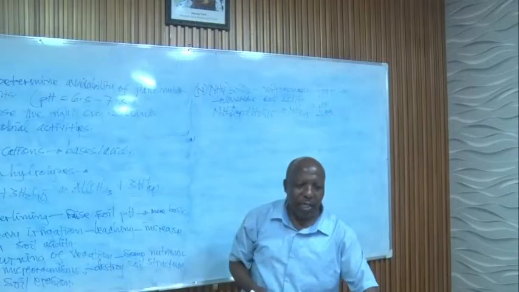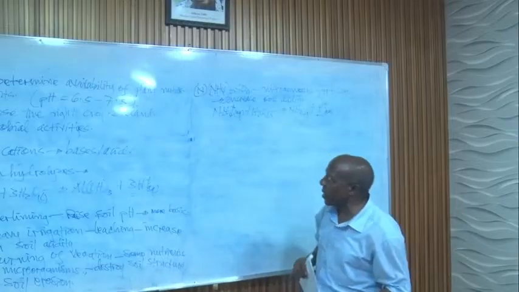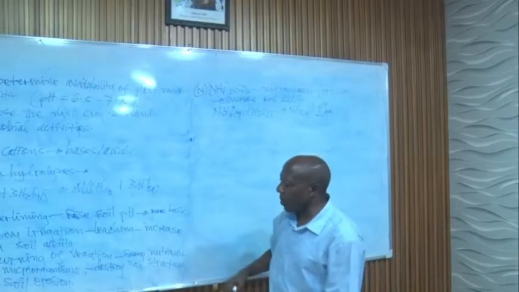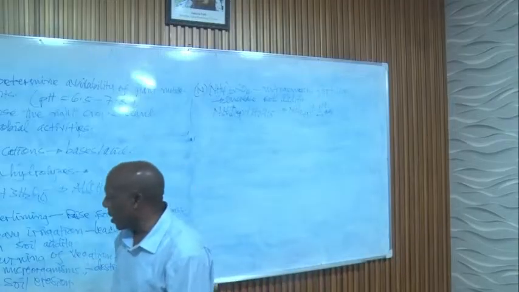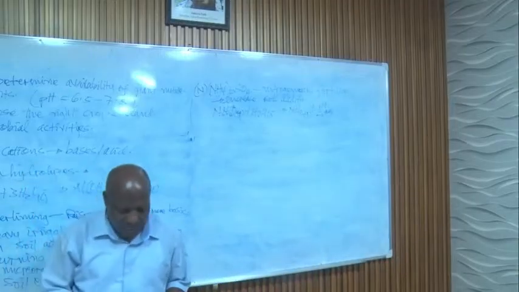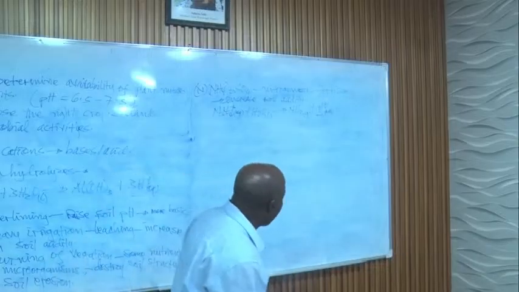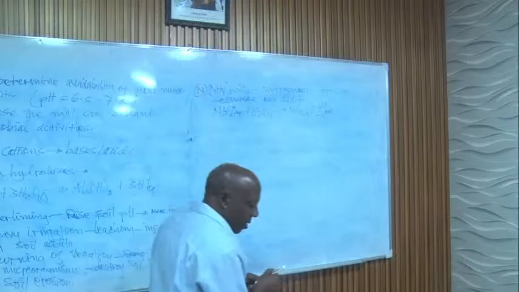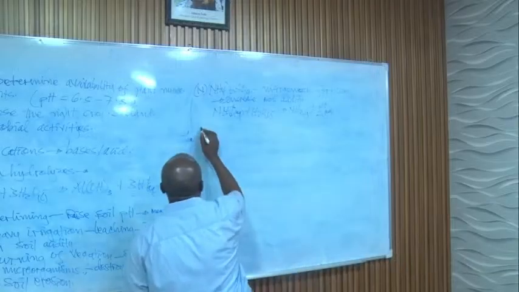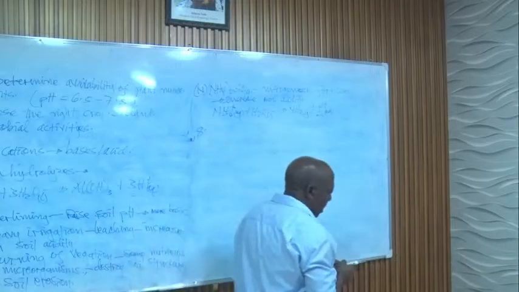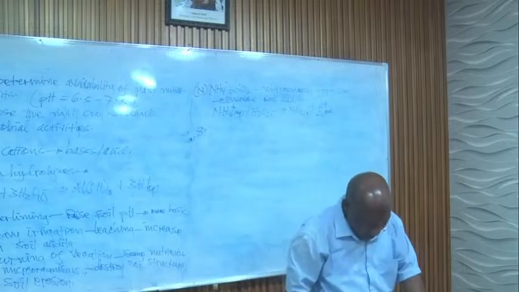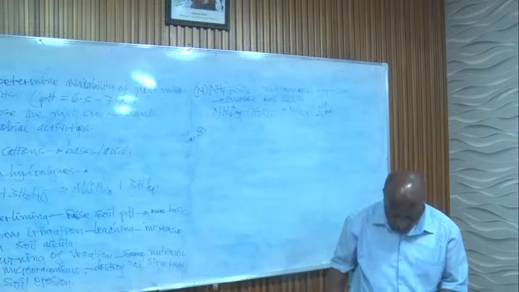So these are the negative effects of these four practices, which, if they are not controlled, can bring negative effects to the soil. Now we go to question number 8.